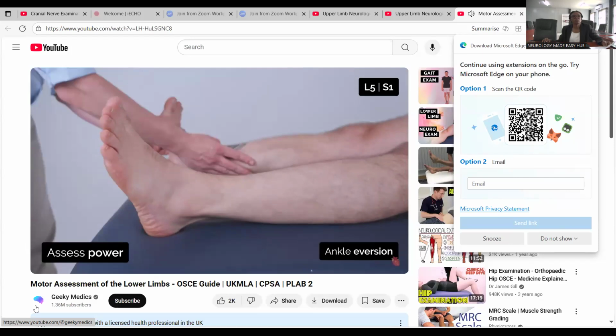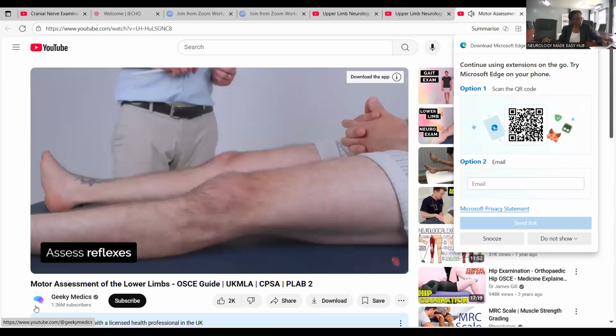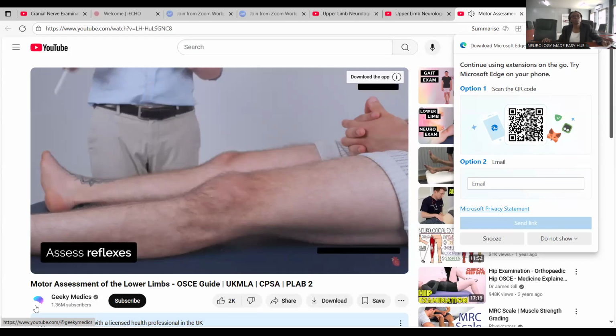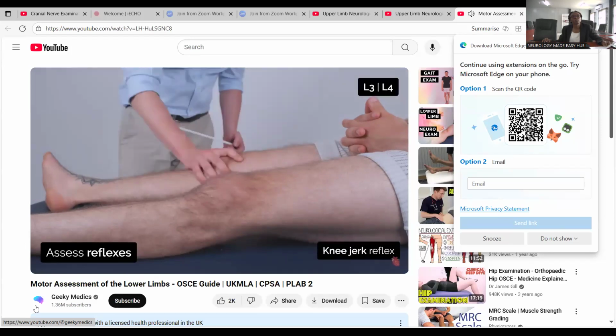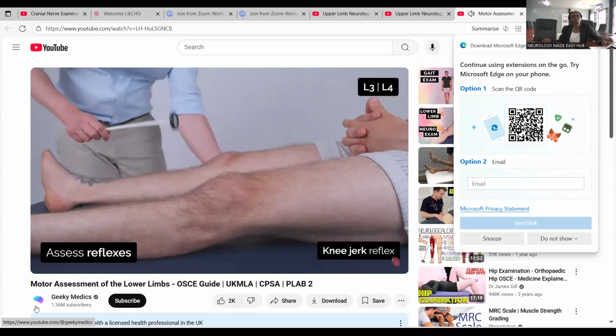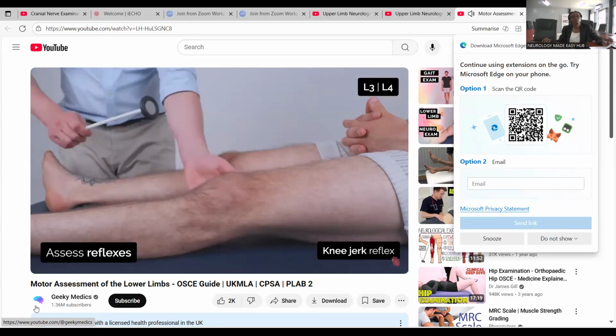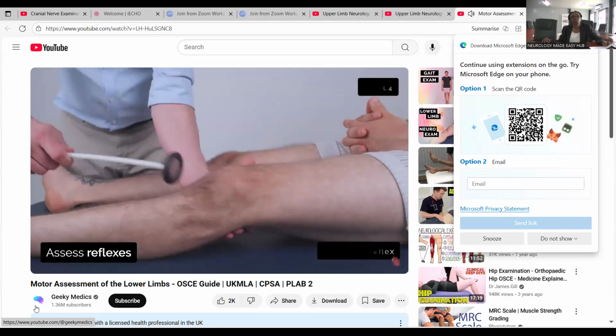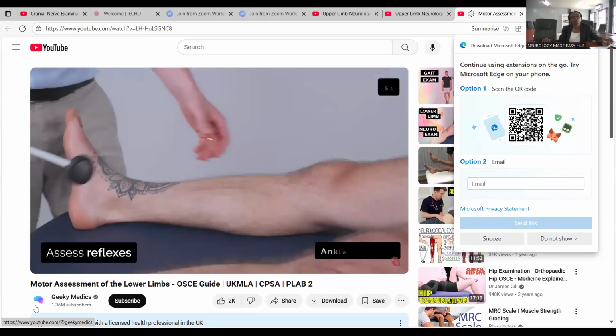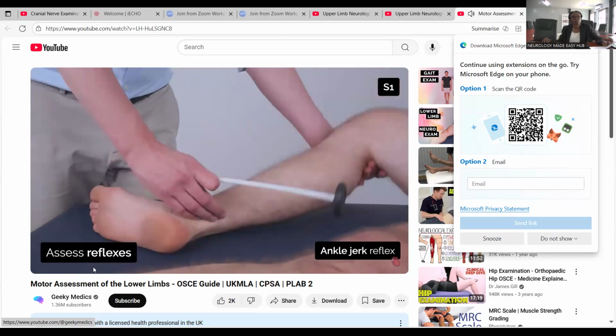Okay, so I'm just going to tap some of your reflexes, just both at your knees and ankles. So if you just relax your leg as much as possible. So I'm now just going to bend your leg and just let it flop to the side.